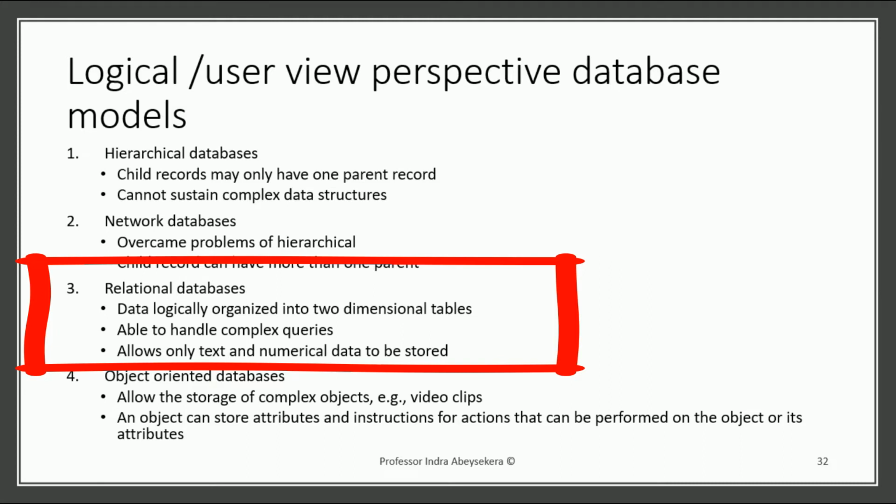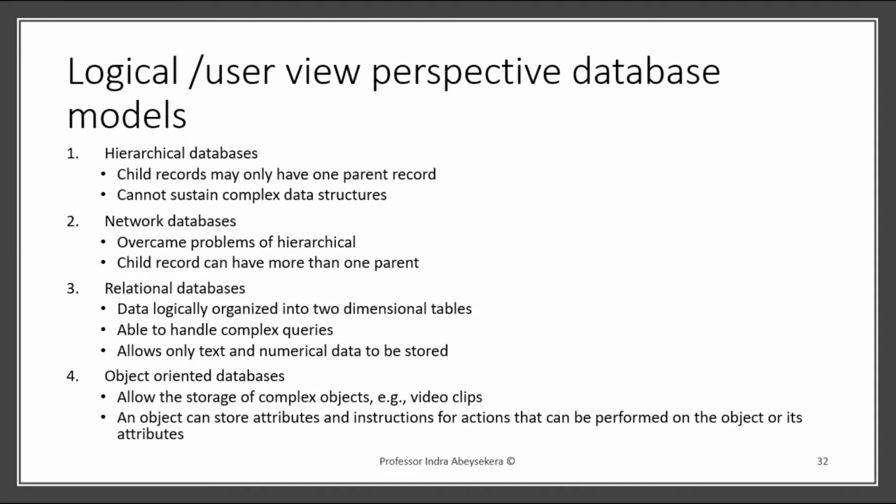That can be in a sales order table. It could have different customers as records, and each customer is in a given row, and then the columns would be about the date of the sales order, the value of the sales order, whether the sales order was processed or not, and so forth.